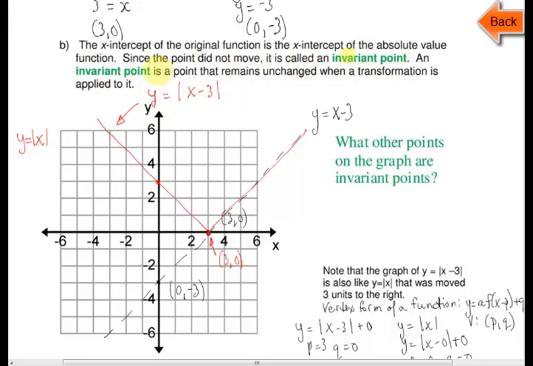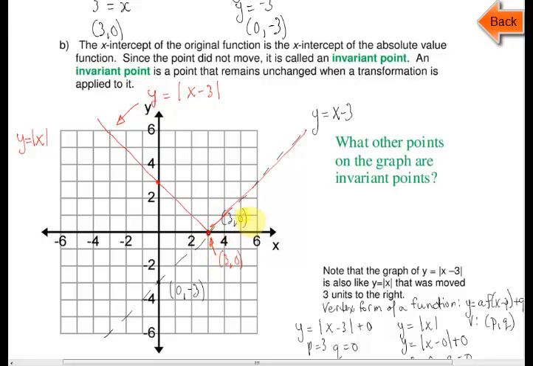We call it an invariant point. An invariant point is a point that remains unchanged when a transformation is applied to it. So if you go to the right, what other points on the graph are invariant points? Well, any part of the graph that didn't change. Okay, so that would be this arm, the right-hand side arm, the part that is already above the x-axis.